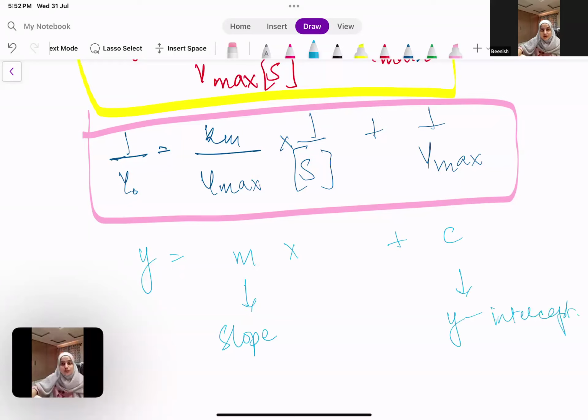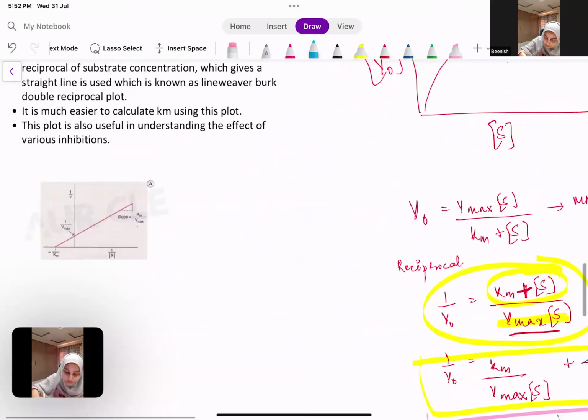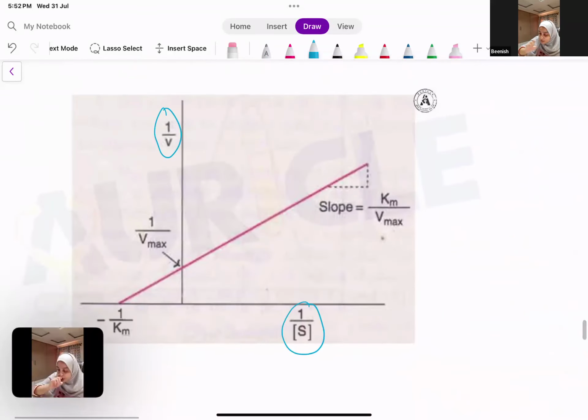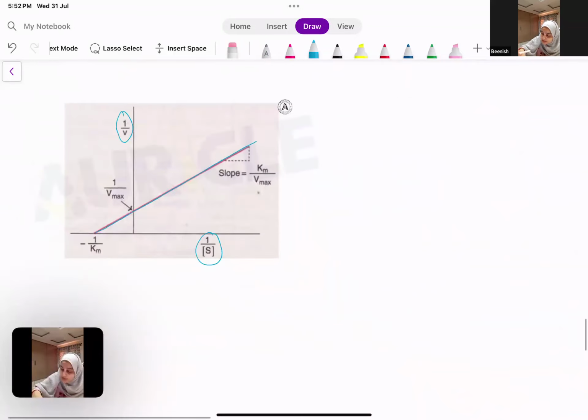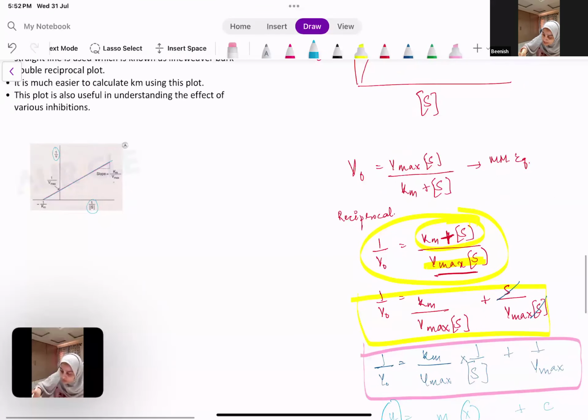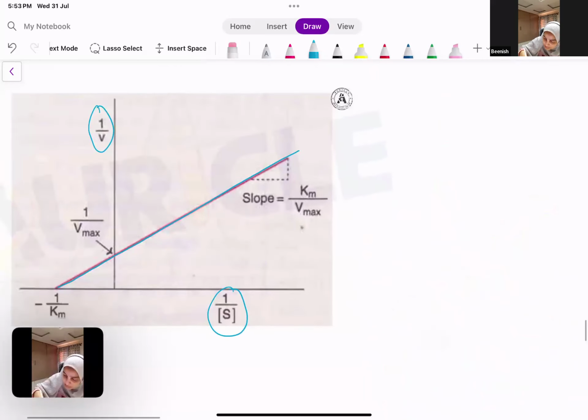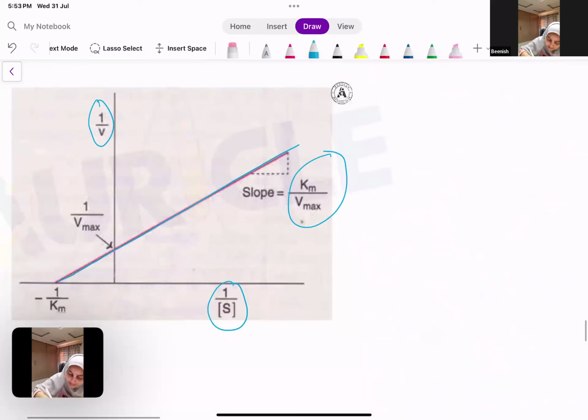So if you plot y against x, that is 1 upon v naught versus 1 upon s, you get a straight line where the slope is Km by V max, and this is the y-intercept, that is 1 upon V max.